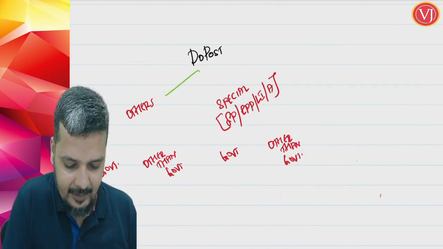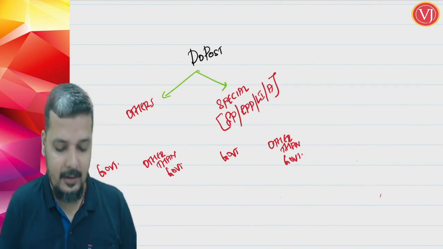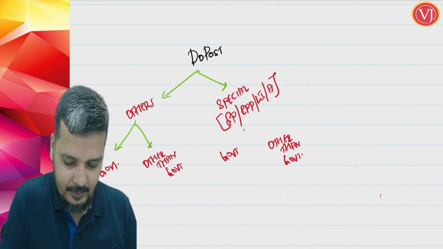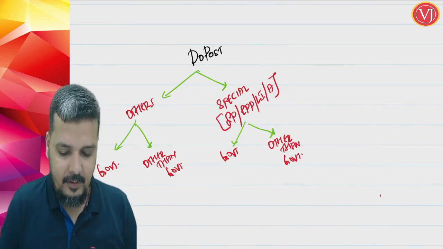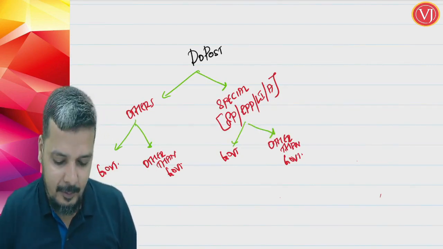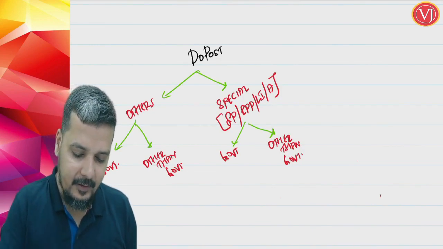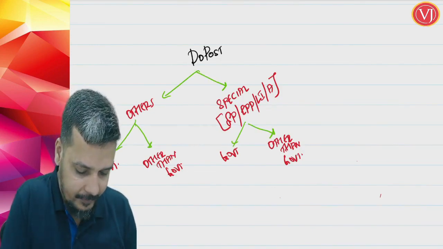Now understand that when you talk about Department of Post, other than speed post, express parcel post, life insurance services, and agency services, whether it is given to anyone, it was exempted.